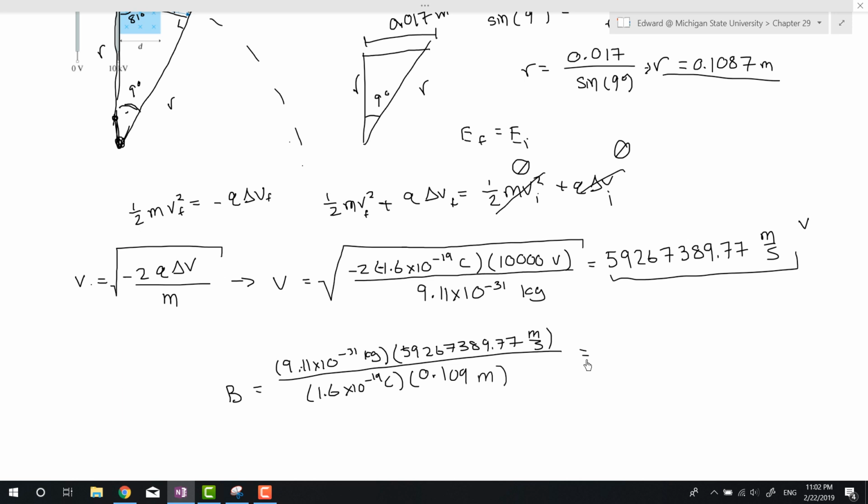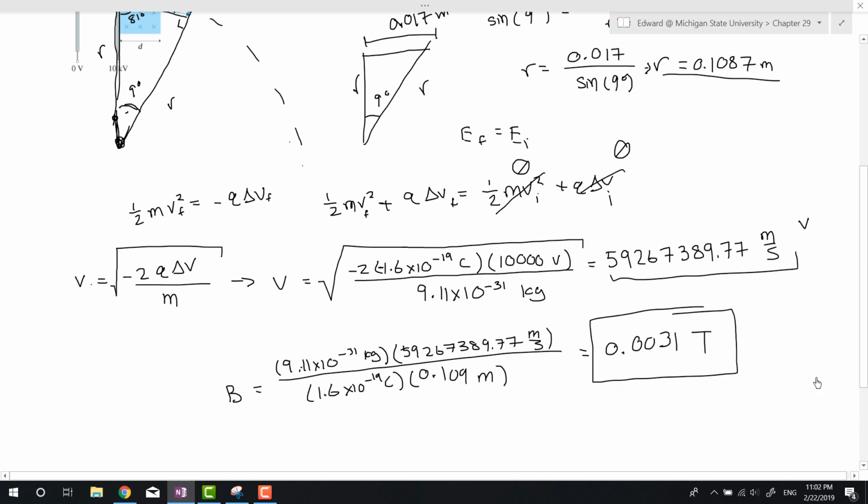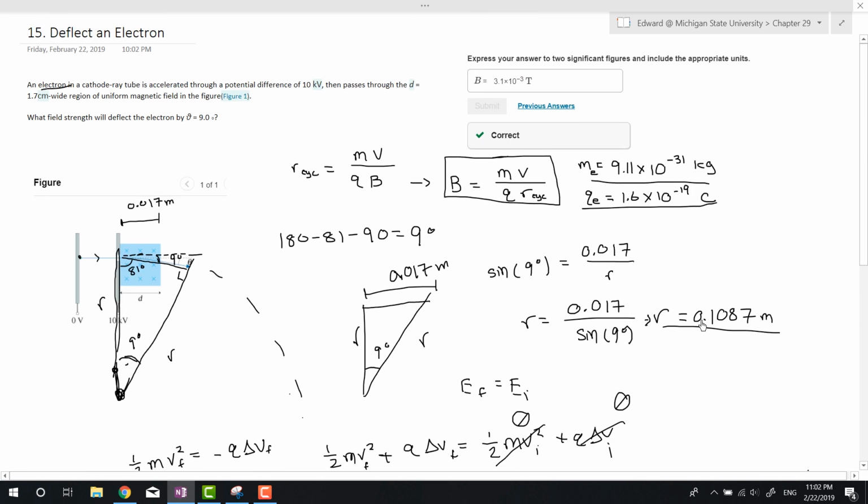Alright. You guys should get, well, if you guys had the same problem I do, 0.0031, and that would just be Tesla. And that's it, how you do this problem. It's a long one, but hopefully this helped. Thanks, guys.